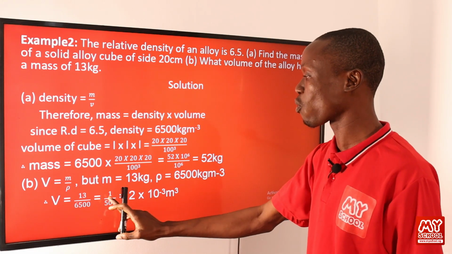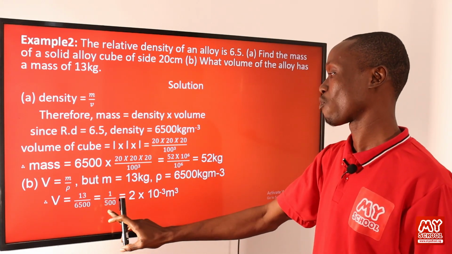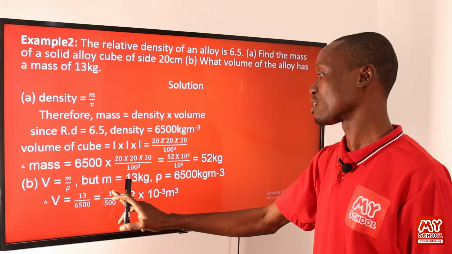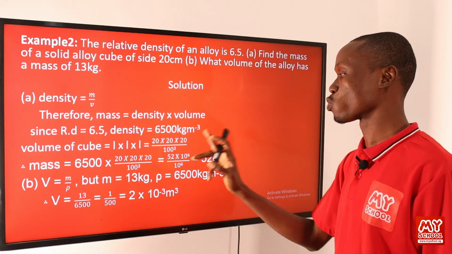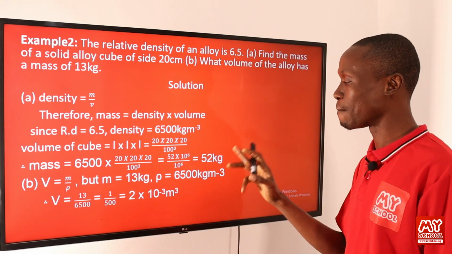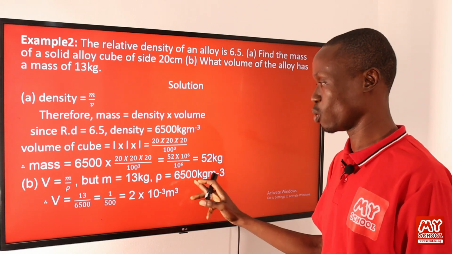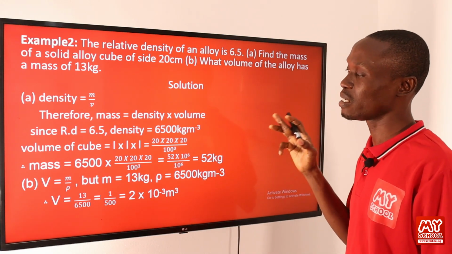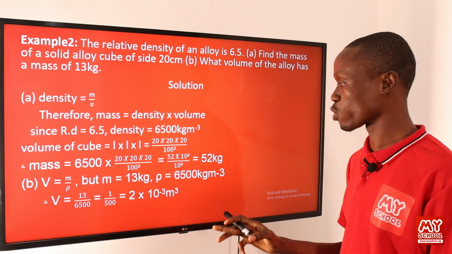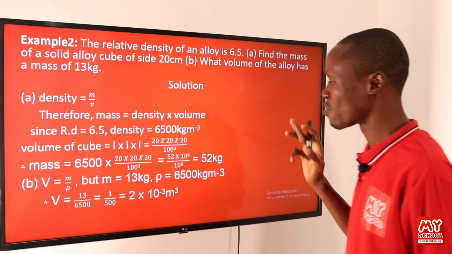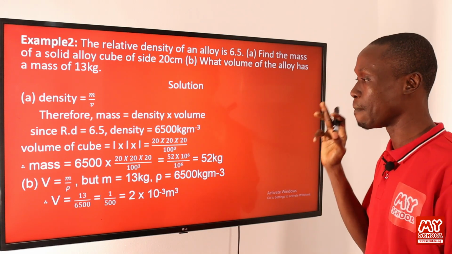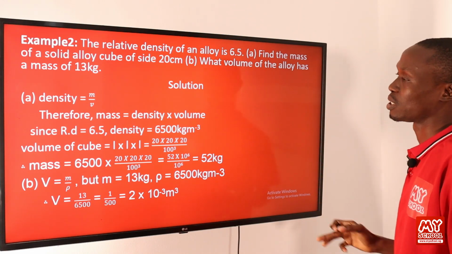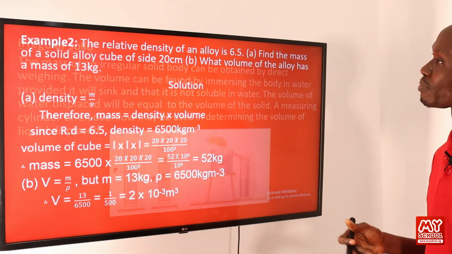So that we'll be having 1 over 500, right? And 1 divided by 500 is equal to 2 times 10 raised to power minus 3 meter cube. Okay, so the volume of the alloy when the mass is 13 kg is equal to 2 times 10 raised to power minus 3 meter cube. So let's move to the next slide.